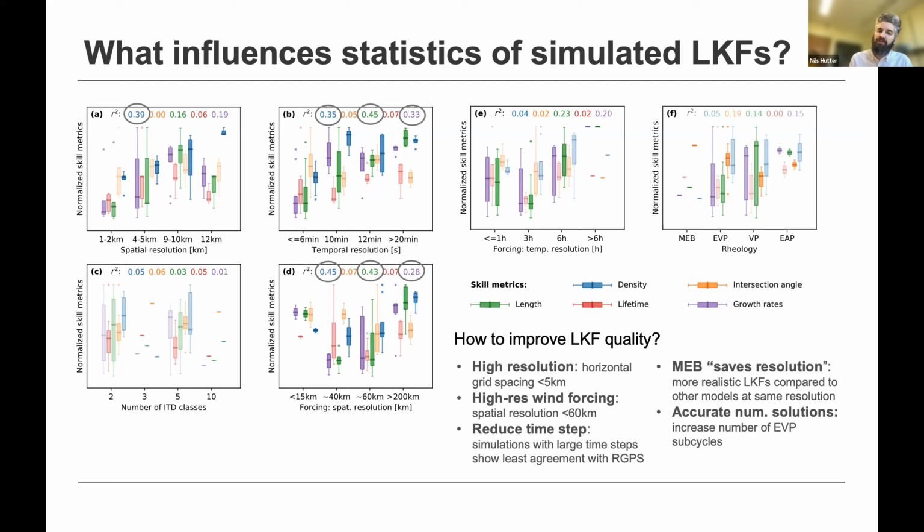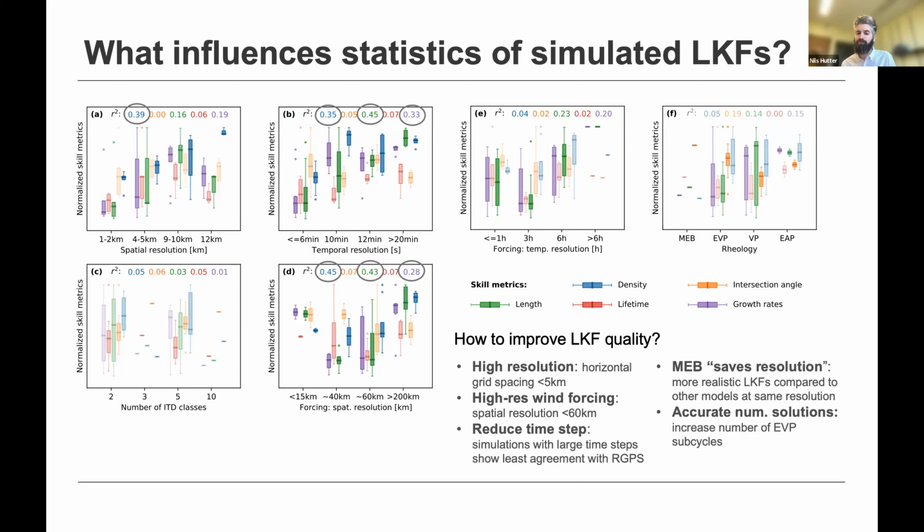But if you take a closer look at those plots here, you will also find that there are two metrics that are somehow independent of the other parameter choices that we take and don't show any big correlation to any of those parameter choices. And this is the intersection angle and the LKF lifetimes, which don't seem to be clearly correlated to any of those quantities here.